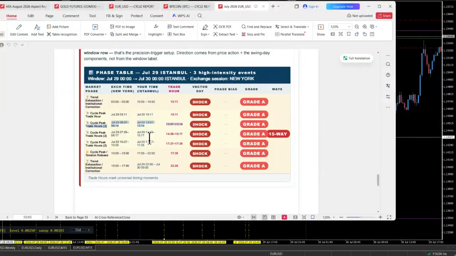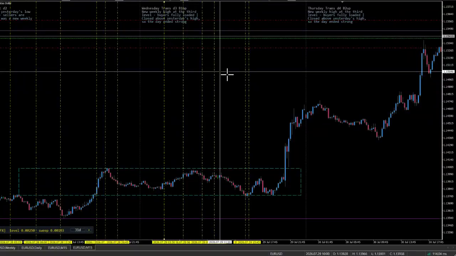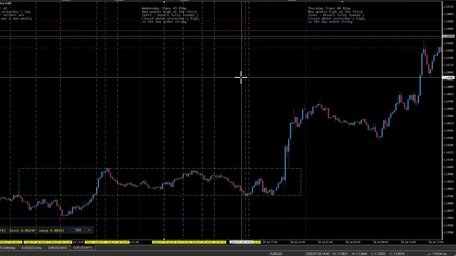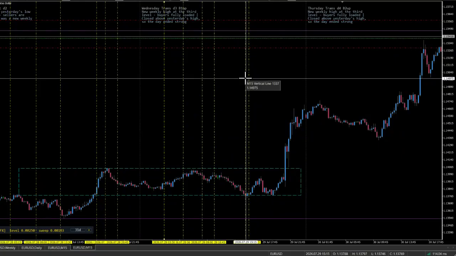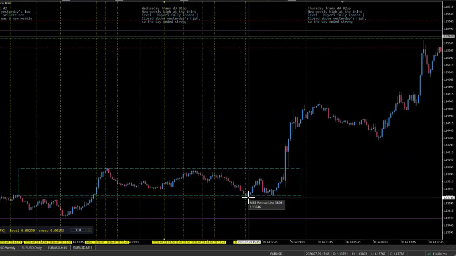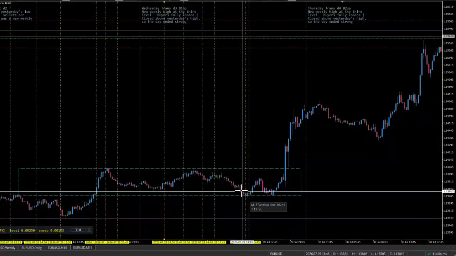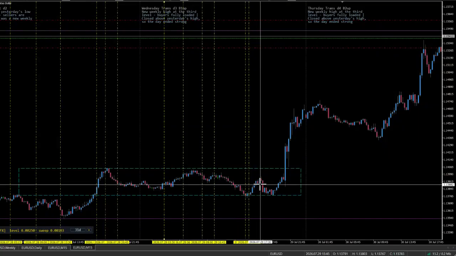Cycle peak trade hours again, 2:30 to 3:15. Let's do it. 2:30 is there. 3:15 is right there. Okay, and remember, this is from our general trading hours, so we bring it all together. Now we have a cluster. The general hours and the euro dollar setting up.